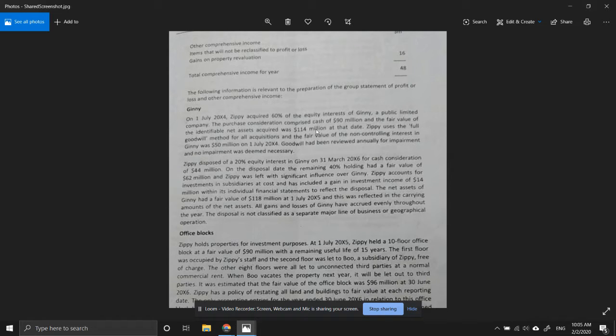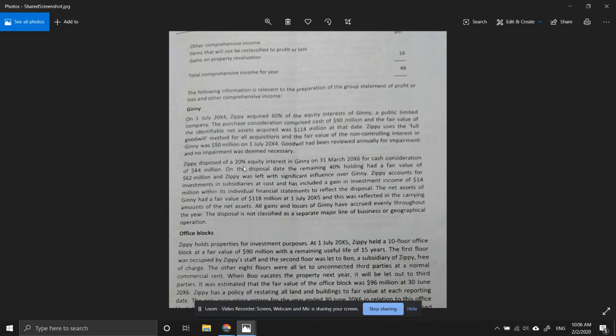The purchase consideration comprised cash of 90 million, and the fair value of the net identifiable assets was 114 million at the date. GP uses the full goodwill method for all acquisitions, and the fair value of the non-controlling interest was 50 million on 1st July, the same date. Goodwill had been reviewed annually for impairment, and no impairment was deemed necessary. Okay, no impairment, easy then.